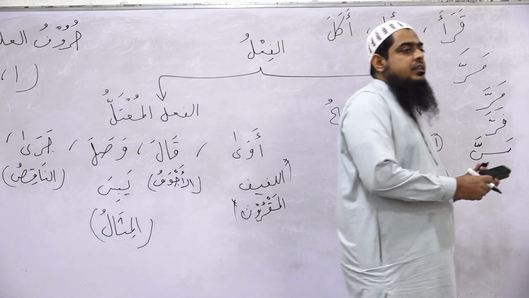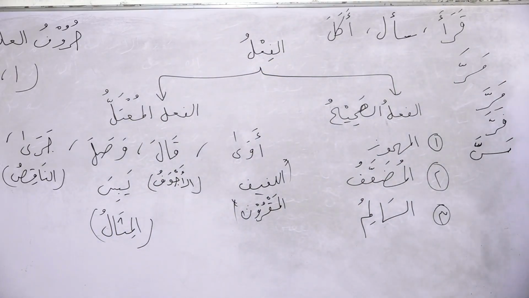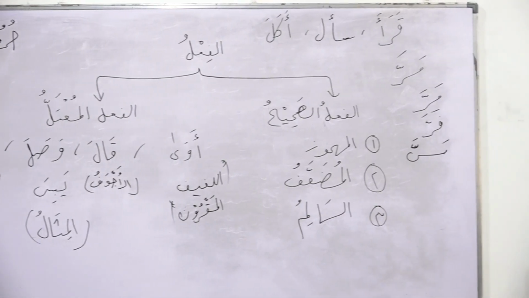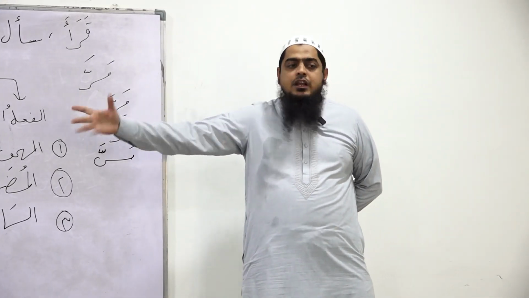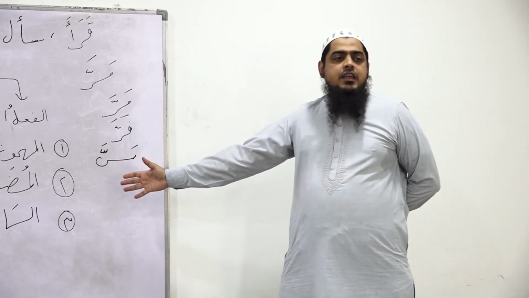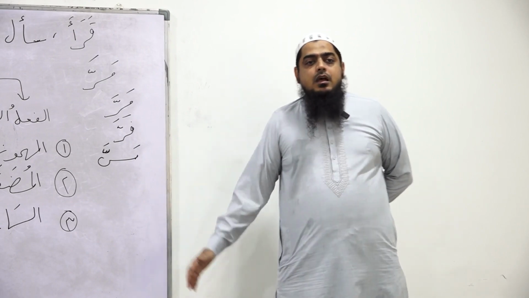So how many varieties? 5 plus 3, so you have 8 varieties. If you consider lafif as 1, then it's 4 plus 3, 7. Write it down.